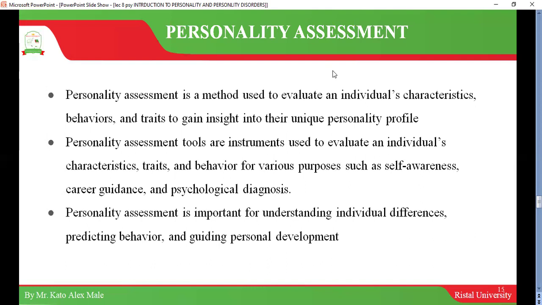This assessment is important for understanding individual differences, predicting behavior, and guiding personal development. We want to guide someone. We want to predict how they will behave when they are subjected to certain situations. Usually, some people, you might fail to tell them their results for certain conditions because what happens next might take their lives.